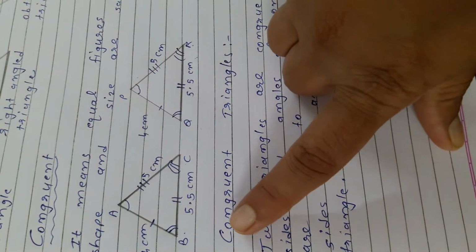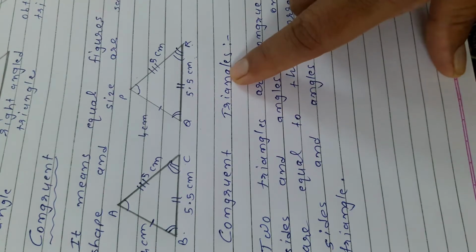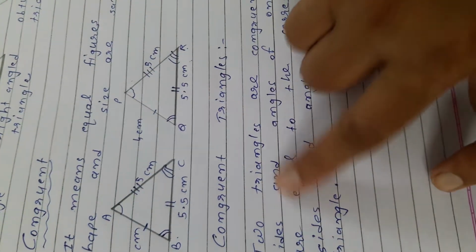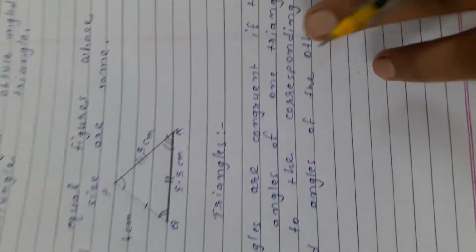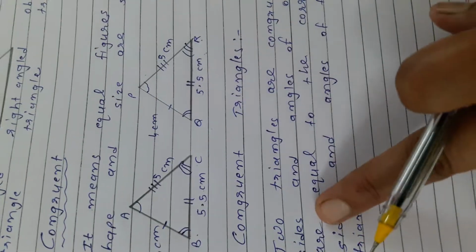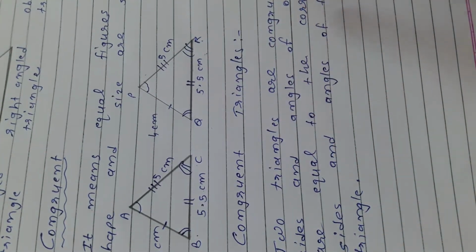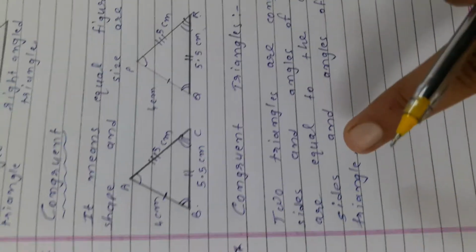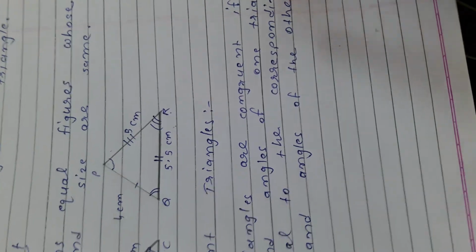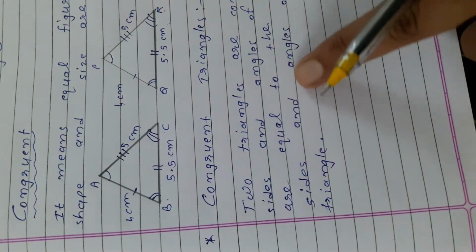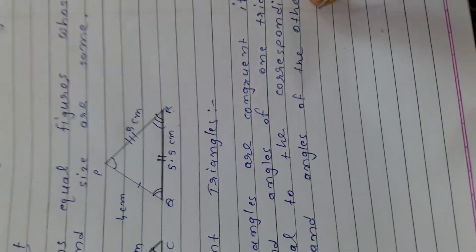So what is the definition of congruent triangles? Two triangles are congruent if the sides and angles of one triangle are equal to the corresponding sides and angles of the other triangle.